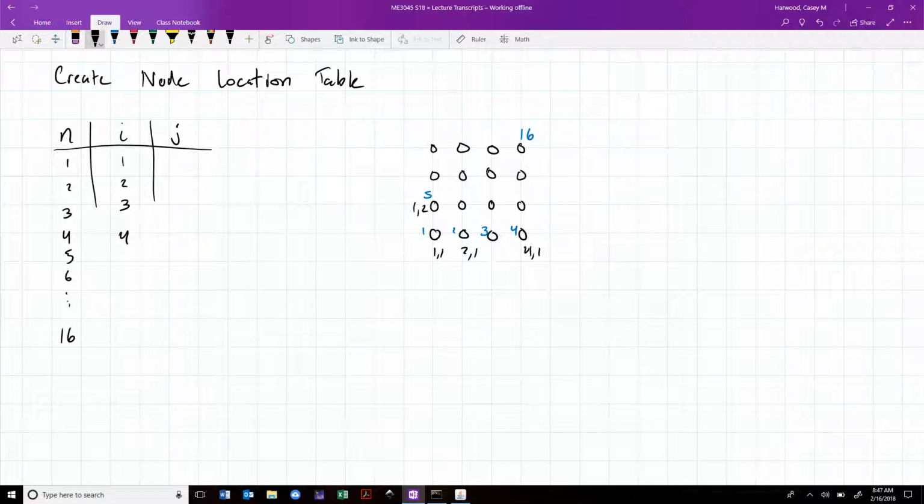There's a group size here, 1, 2, 3, 4, that is the length nx, the number of nodes in the x direction. At the same time, the j for all of those stays constant at 1. Then this steps up to 2 and the i resets: 1, 2, 3, 4, with j equal to 2, until you get all the way down to 4, 4.